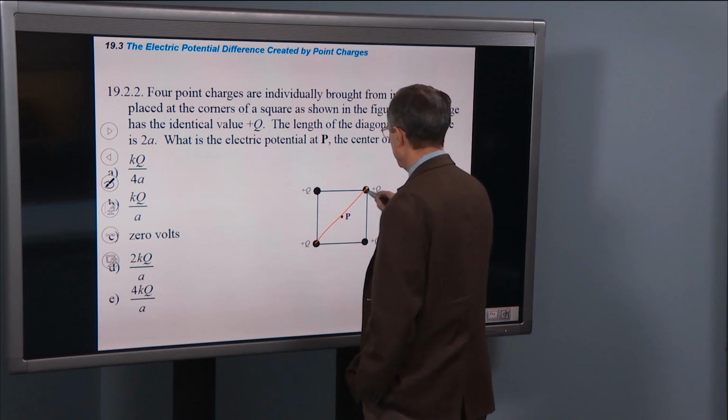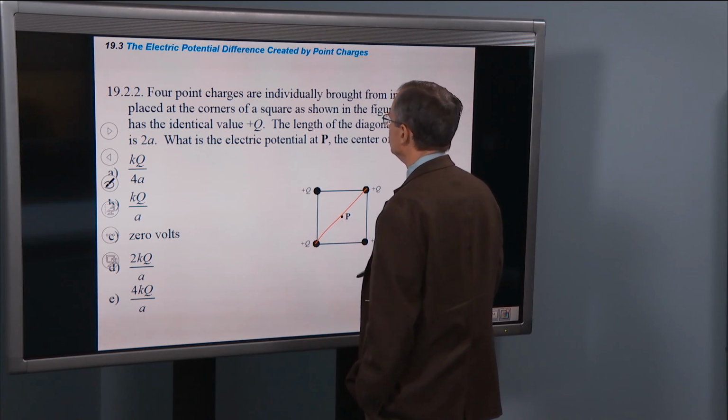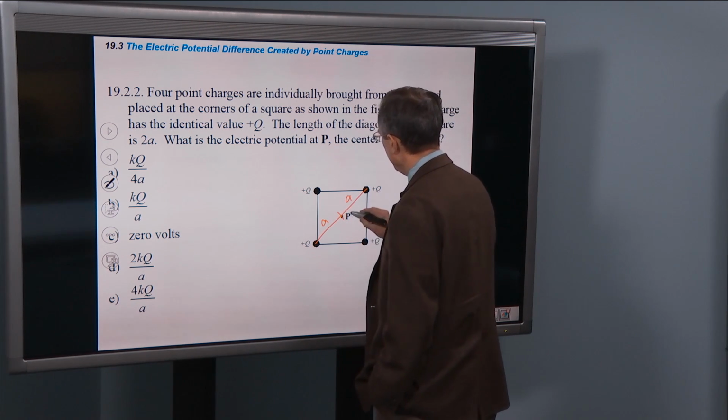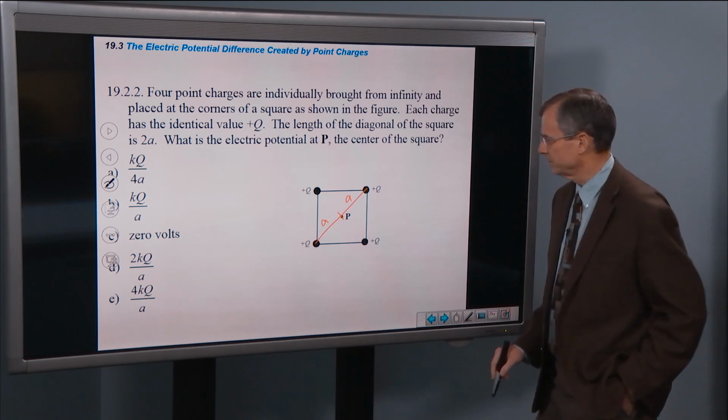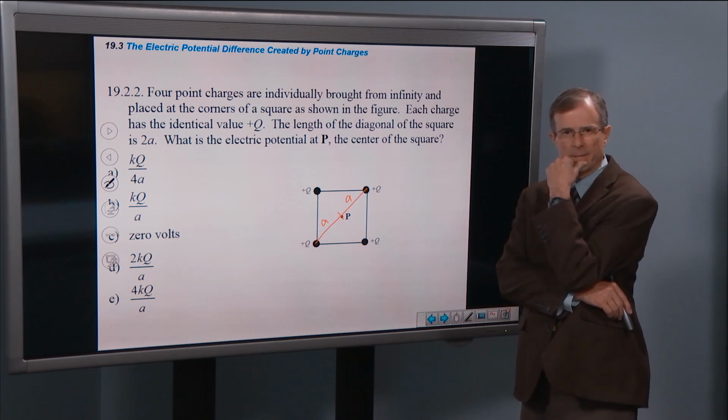So between here and here is 2 times a. It'll be a from here to there and a from the center to the other one for a total distance of 2a. What's the electric potential at P at the center of the square?